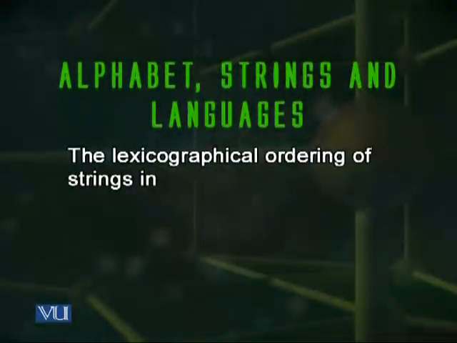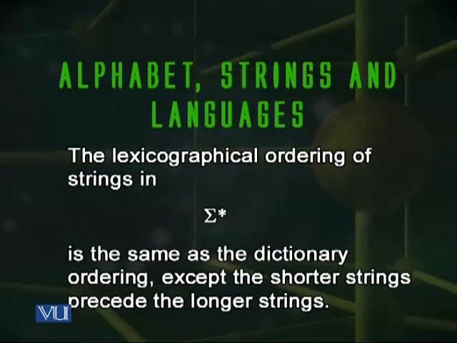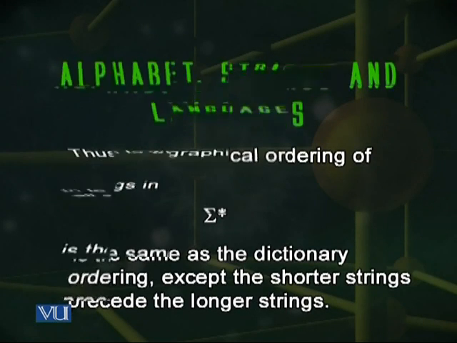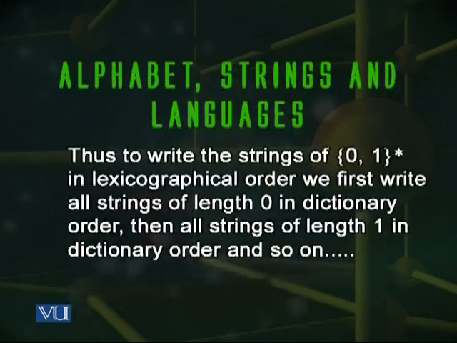Let's now talk about lexicographical ordering of strings. So we are going to order the strings in sigma star using a dictionary order, except that in this order, the shortest strings are going to precede the longer strings. Thus, to write the strings of 0, 1 star in a lexicographical order, we first write all the strings of length 0 in dictionary order, then all the strings of length 1 in dictionary order, and so on.